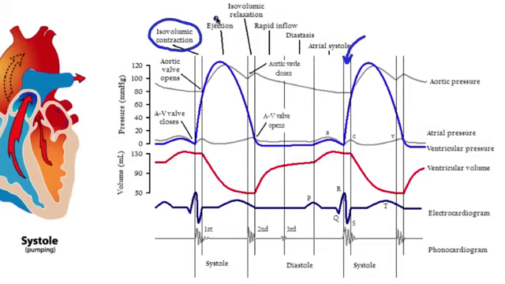You can see the term here. Ejection means that the blood is being ejected from the ventricles, and you can see there's a significant decrease in ventricular volume. Then we have this T wave, which represents the repolarization of the ventricles. And when the ventricles repolarize, that's also going to cause the ventricles to relax.